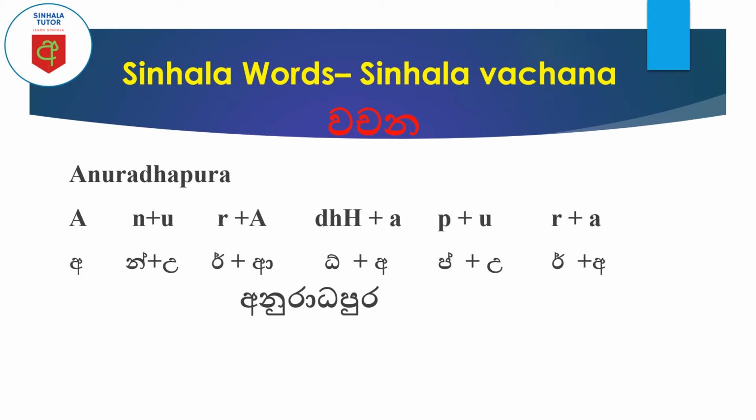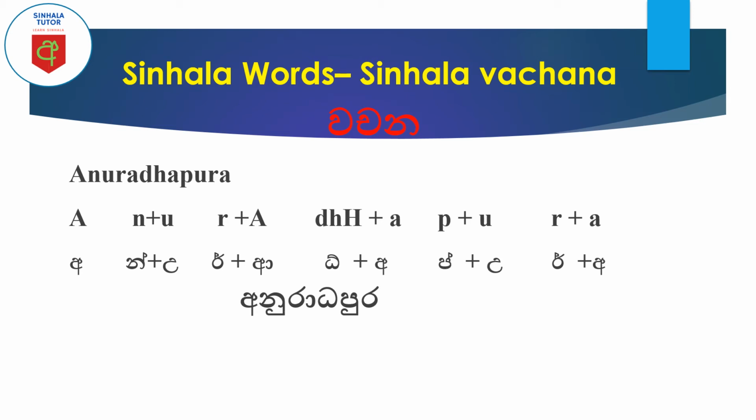Then n plus u, the consonant n plus vowel u, the result letter is nu. The third one is r, the consonant r plus a. I have used the capital A for the long vowel. So r plus a, ra.